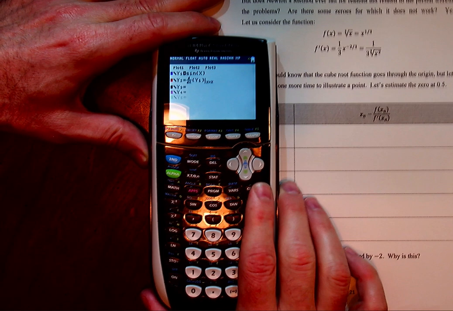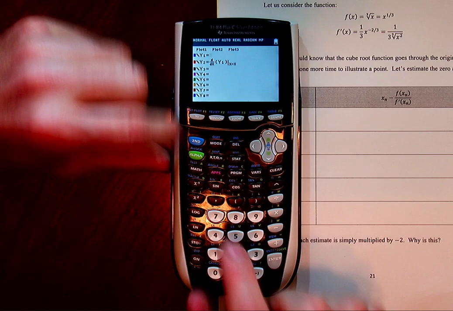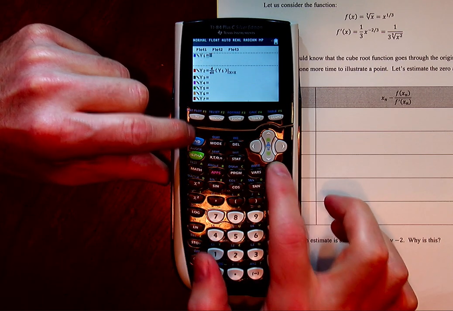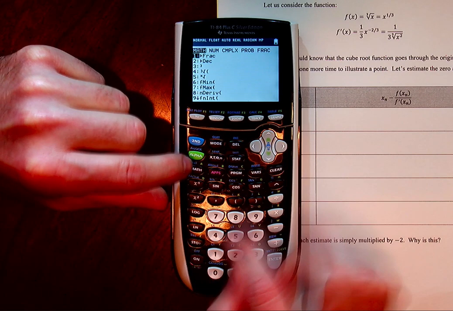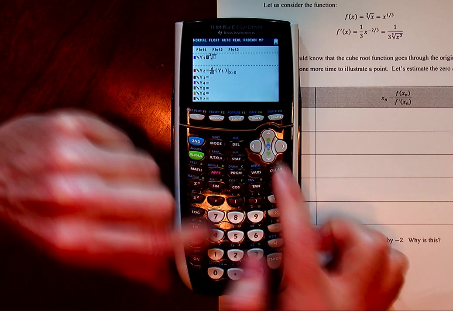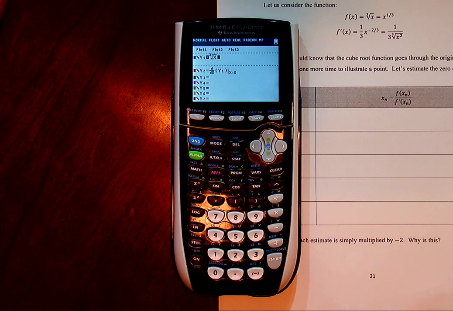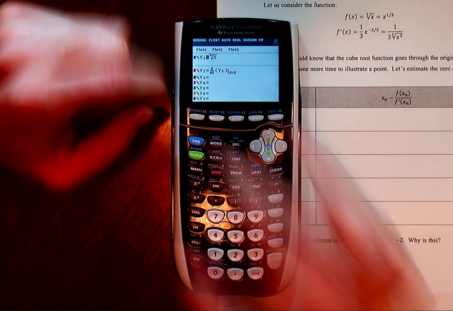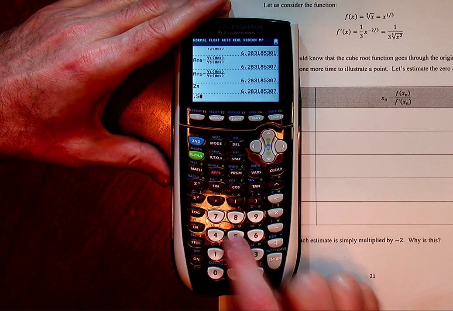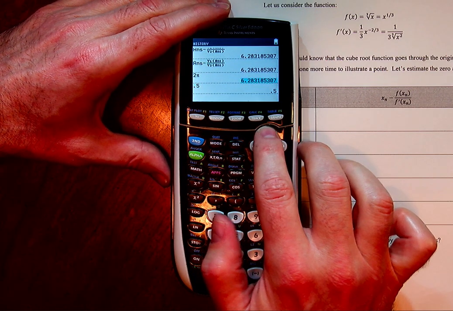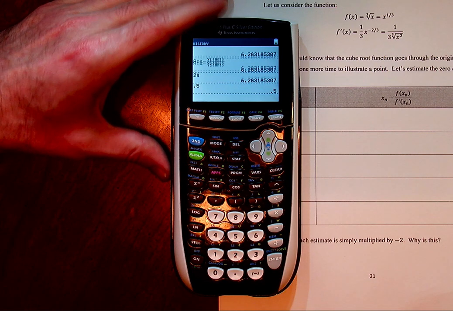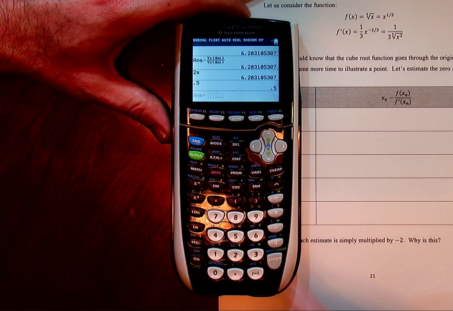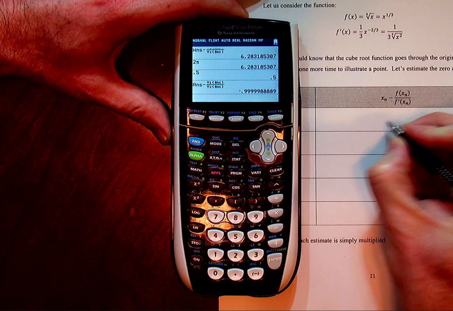Let's go ahead and go to math and do it here as the cube root of x, or of course you can plug it into y1 as x to the 1/3. It doesn't really matter. Let's go ahead and go out here, and let's say 0.5, and then let's go up and grab our formula. And what happens is when you plug in 0.5, you're going to get -1.